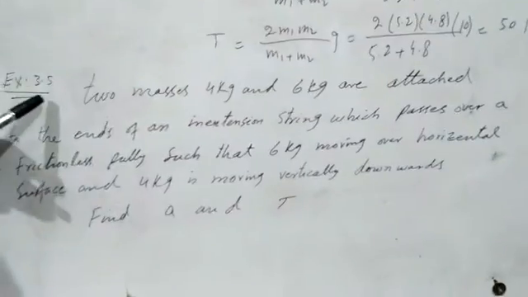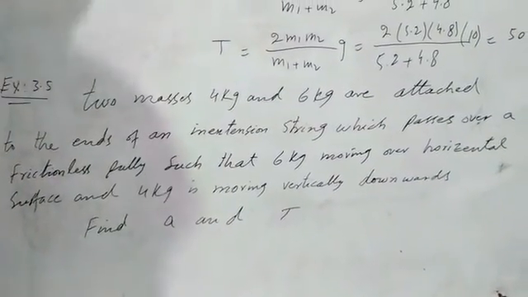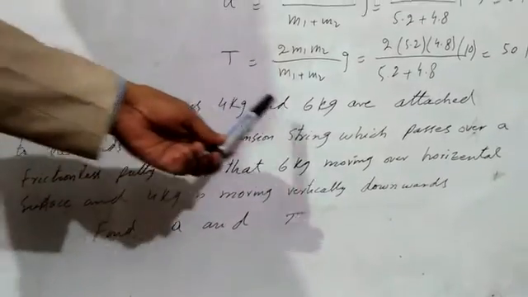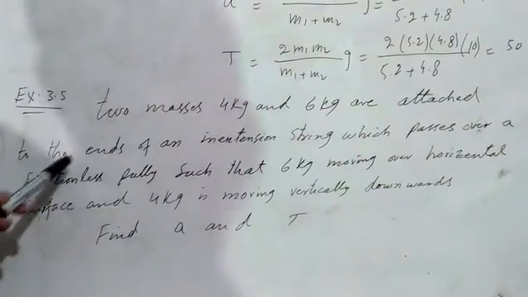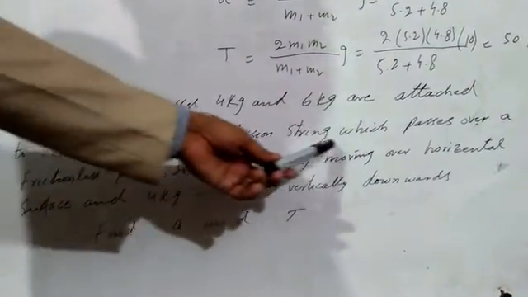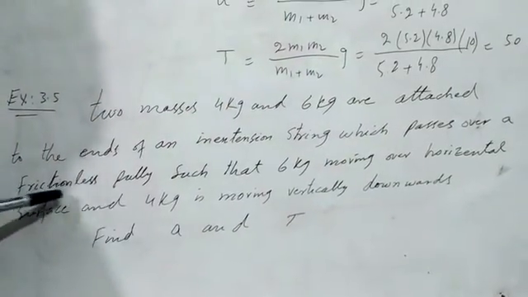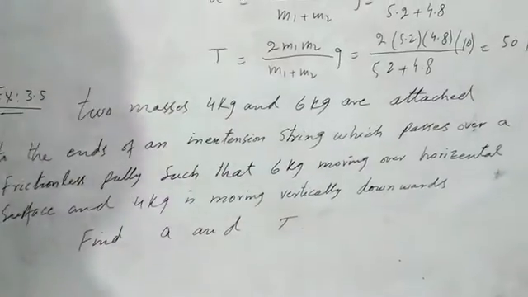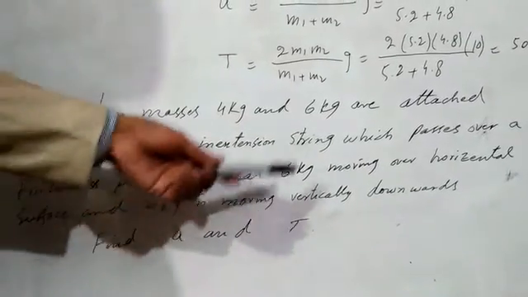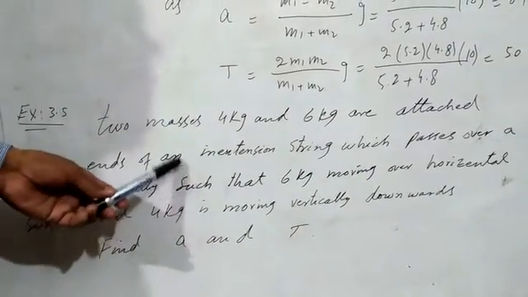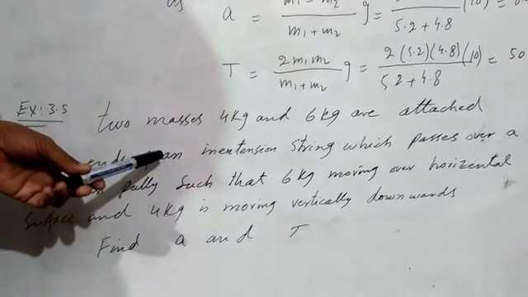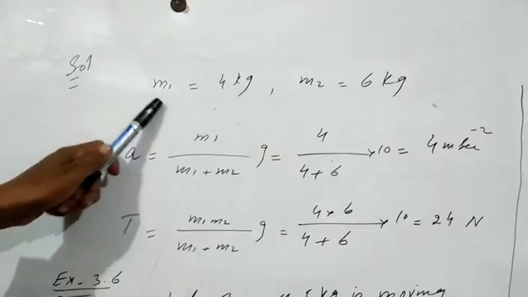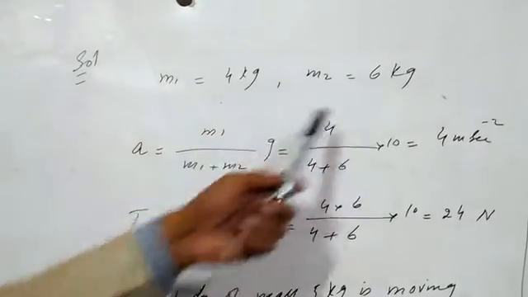In example 3.5, which is situated on page number 67, two masses 4 kg and 6 kg are attached to the ends of an inextensible string which passes over a frictionless pulley such that the 6 kg is moving horizontally and the 4 kg is moving vertically. This is case number 2 about the finding of acceleration and tension T. Solution: M1 is 4 kg, M2 is 6 kg.